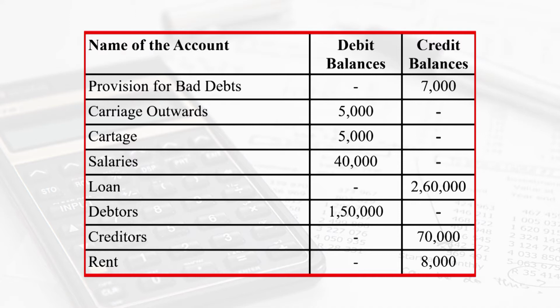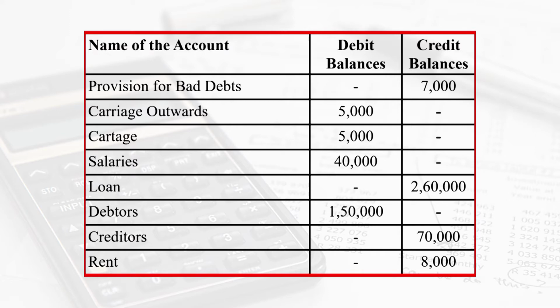Then the rent. Rent again, it is rent received. So rent received may be there, or rent paid may be there. If rent paid is there, it means it is an expense, so it will have a debit balance.